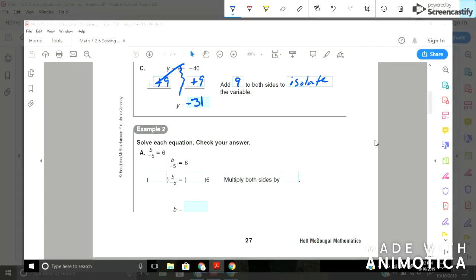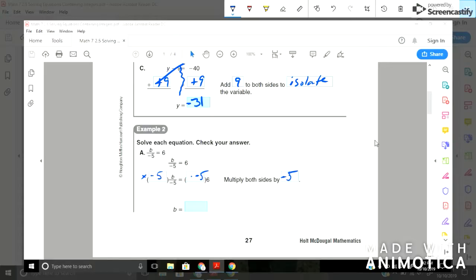Well, b is being divided by negative 5, so the inverse of that would be to multiply by negative 5. If I do that on the left-hand side of my equation, I have to do that on the right-hand side as well. So I'm multiplying both sides by negative 5.